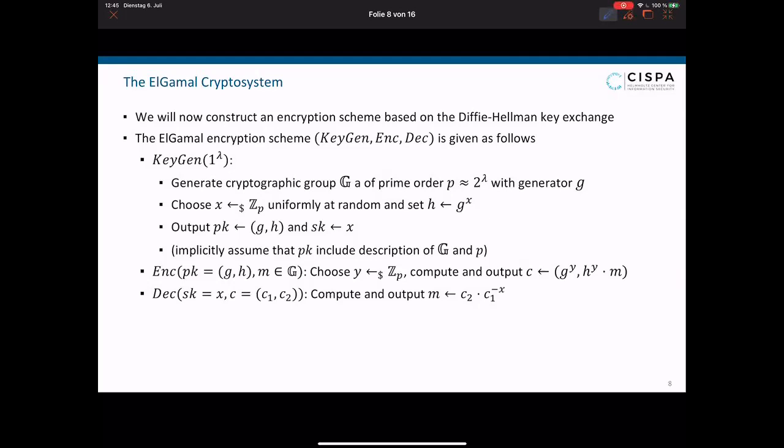Keygen first generates a cryptographic group G of prime order p, roughly 2 to the security parameter, and a generator g. By the way, oftentimes these are so-called public parameters.